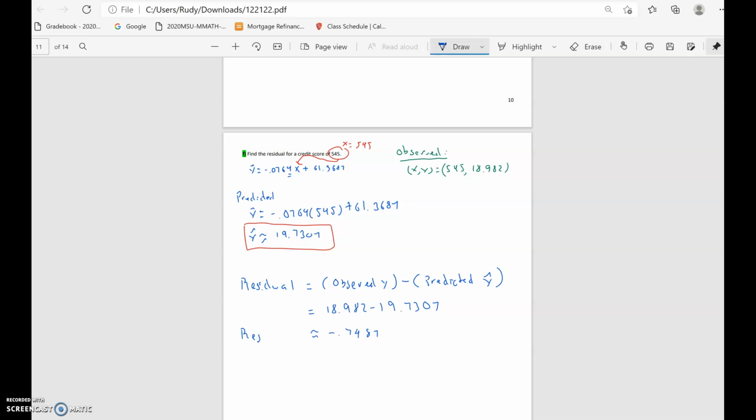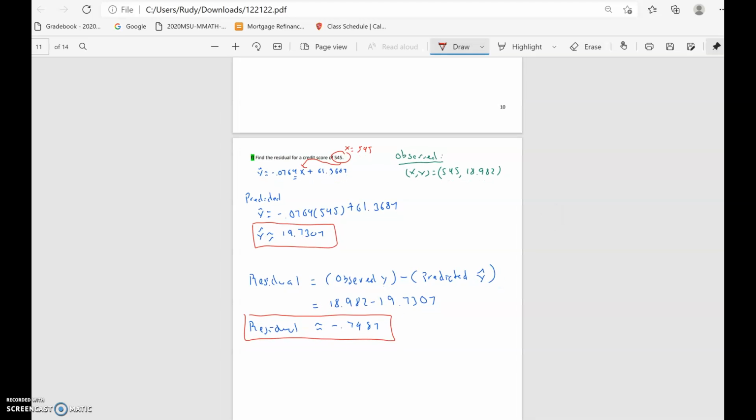That would be the residual. And that's actually it for this one. Let me double check all numbers. The observed 18.982 minus the 19.7307. I'm getting negative 0.7487. That's actually part F.